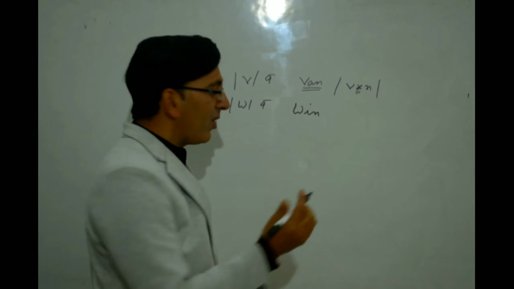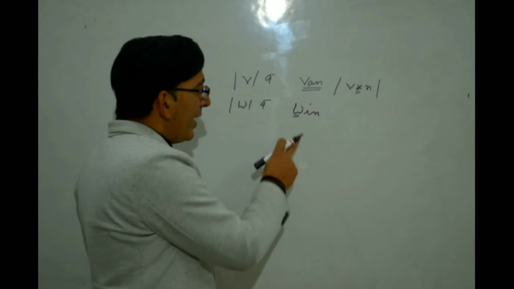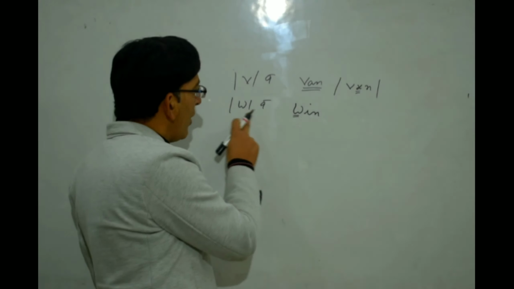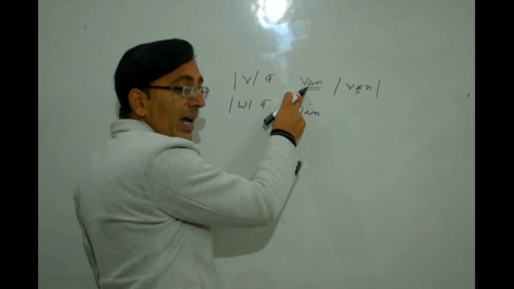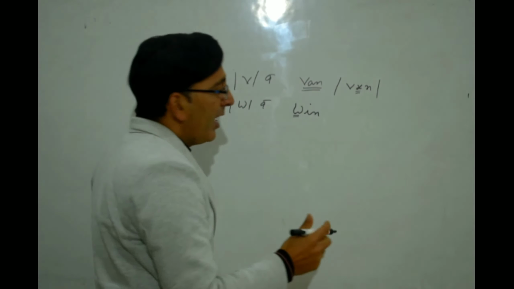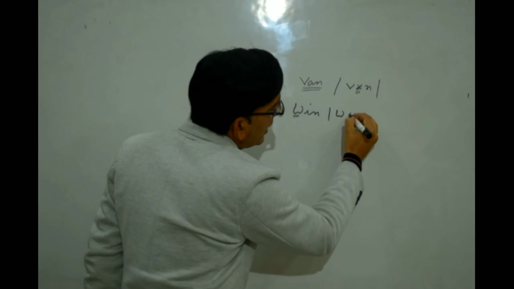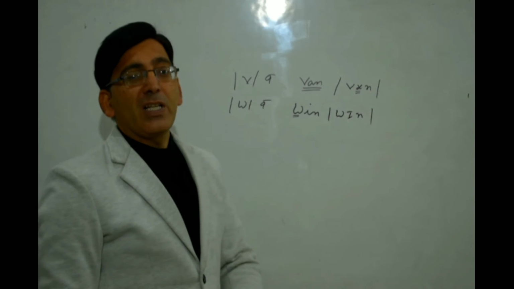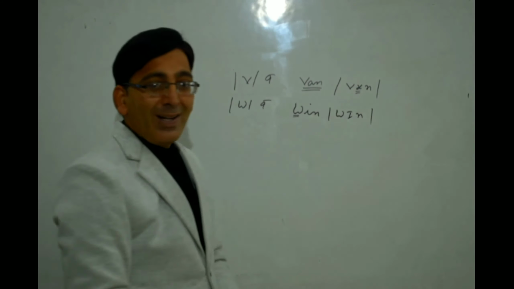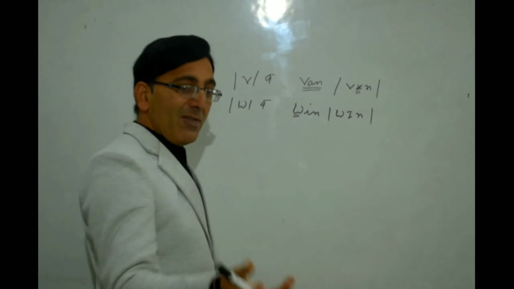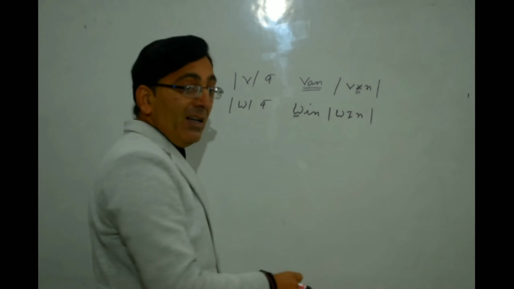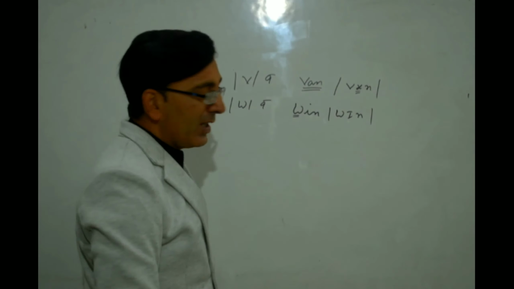Again there is a v sound, but there is a w. So when you find w and it gives the v sound, use this w. If you find v and it gives the v sound, use that one. And how will you pronounce it? It's win. First of all, there is the sound of w, this w. Then there is the e sound that I will discuss in my second video, and n, and the symbol of n is this one. Clear?